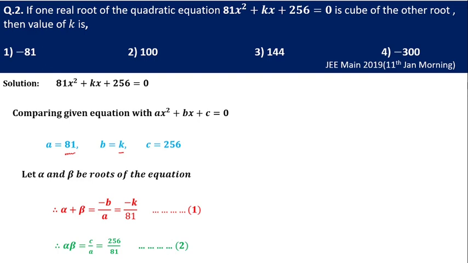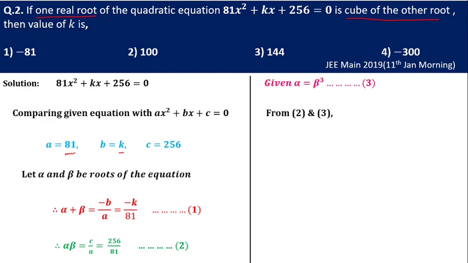Now coming back to the question. In the question they have mentioned one real root of the equation is the cube of the other root. So what I am writing is alpha is beta cube. This is given.